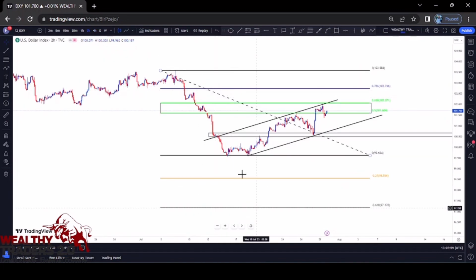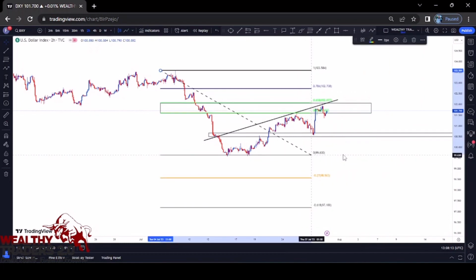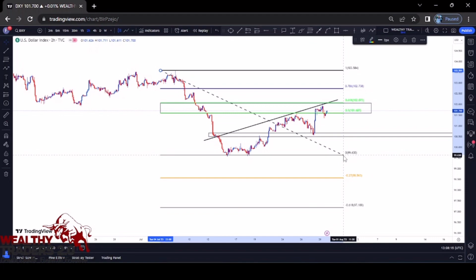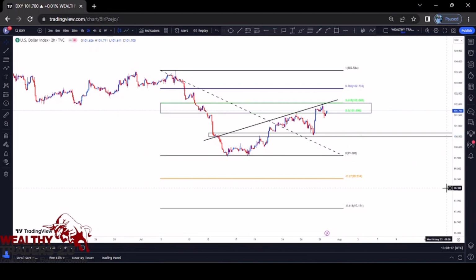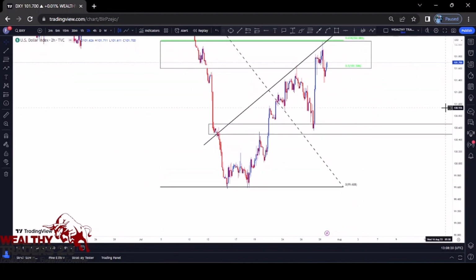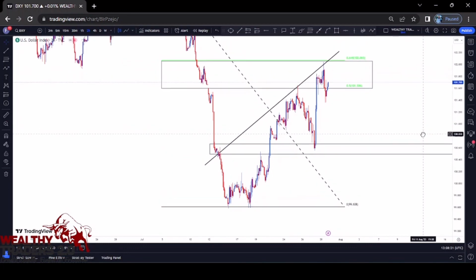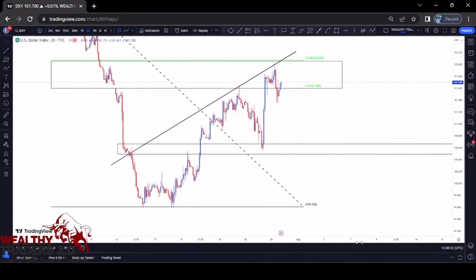Then now we can start removing some tools. We might just need the upper trend line for now. So what we can do for now is we focus on the current market price.